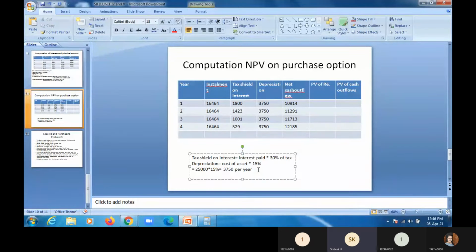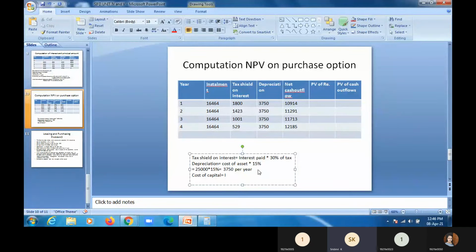And now you need to calculate the present value of rupee. How this is calculated: first of all, you have to identify the cost of capital. So cost of capital you can calculate here.